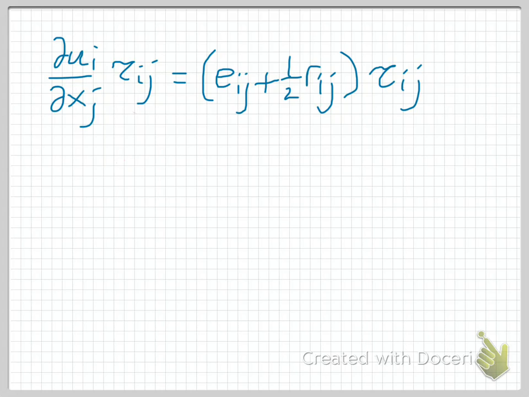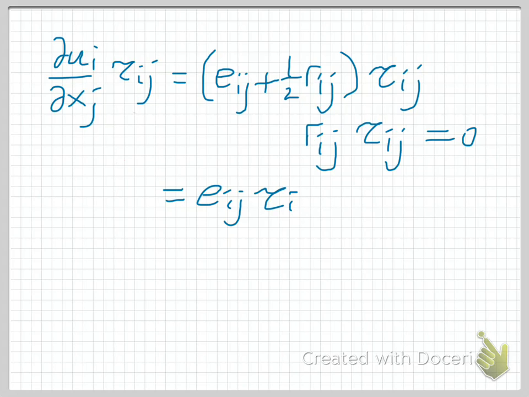And we know that because the rotation tensor is antisymmetric and the stress tensor is symmetric, their product is 0. You just proved that in a homework. And so what this term really adds up to is just e_ij tau_ij, the strain times the stress.